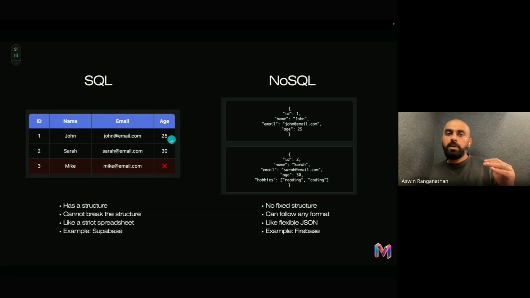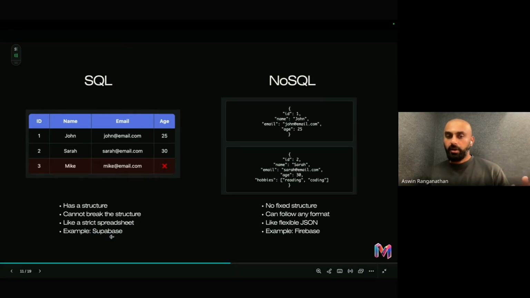So that's why we use a structured query language. It has a structure and it cannot break the structure. So every user has a name, every user has a last name. So a users table being an SQL table makes a lot of sense, because then you would not have to break the structure. It's like a strict spreadsheet. And Supabase, for example, is a structured database, right?